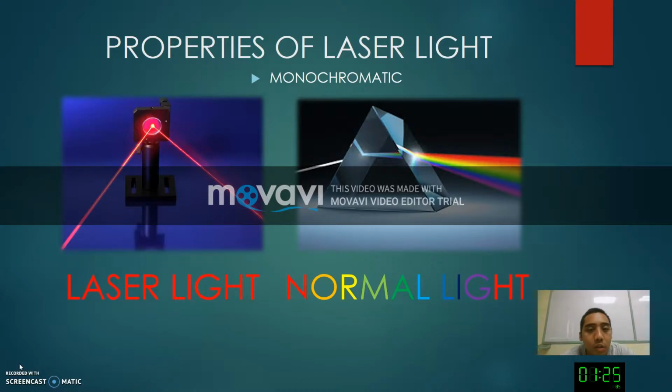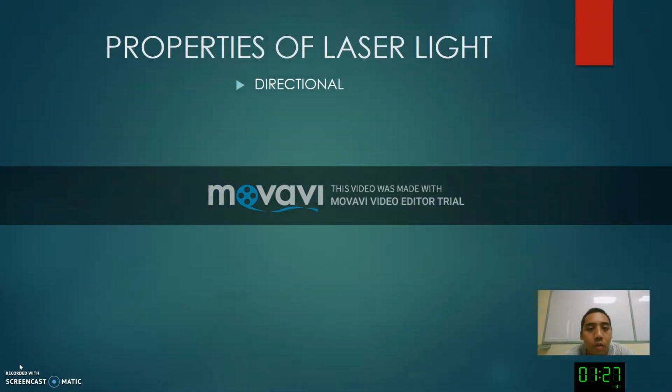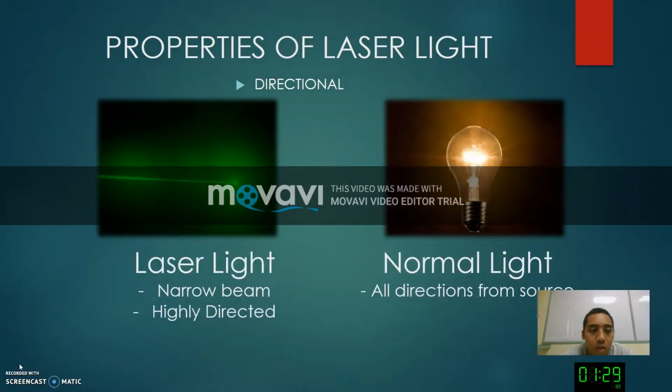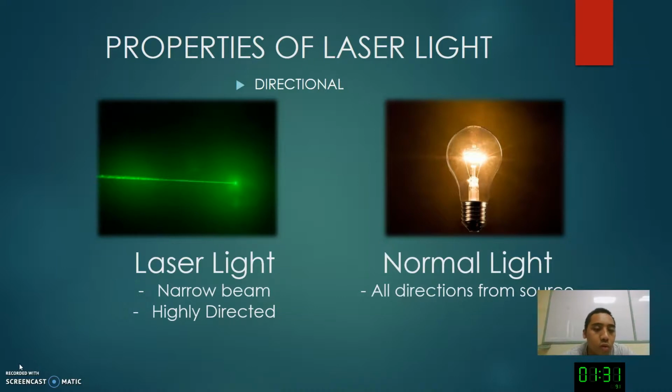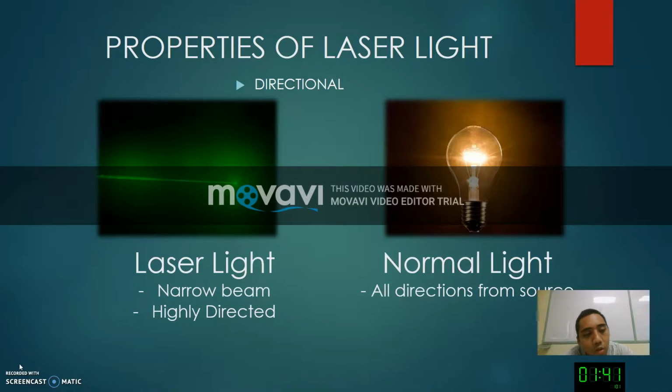Next property of a laser is that it's directional. Shown below are two pictures. On the left is a basic laser light again. As you can observe from the picture, it has a narrow beam that is highly directed, which means it only goes in one direction, but can also be redirected through the use of differently angled mirrors.